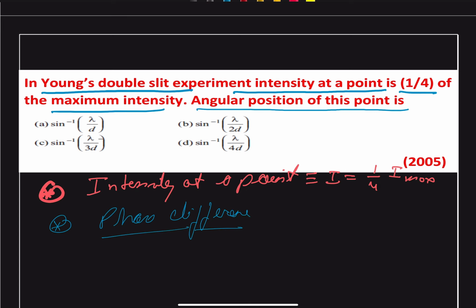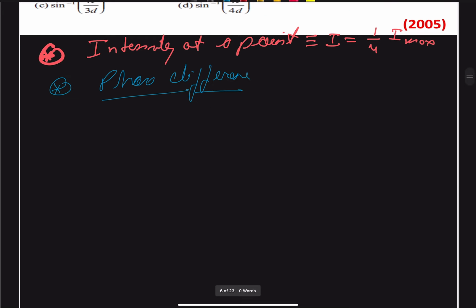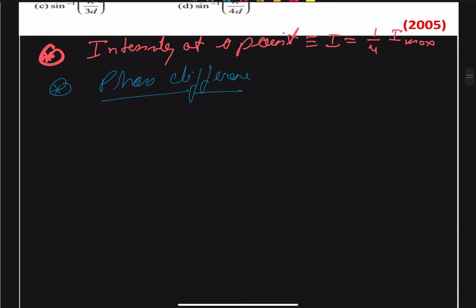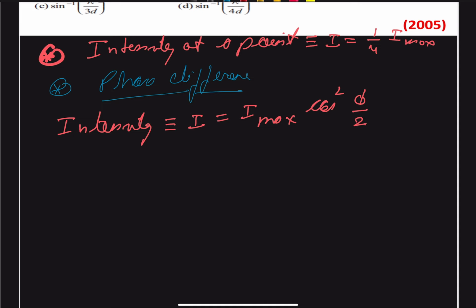We can use the intensity formula, and we know that intensity, which is our I, is equal to I max cos square phi by 2. And we already know the relationship between I and I max.